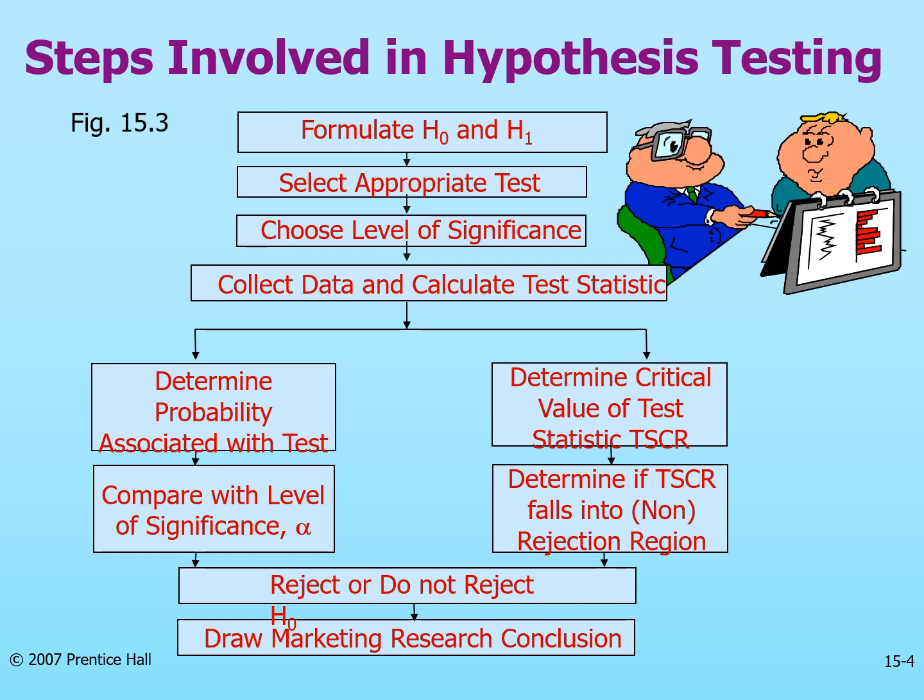So you collect the data, then determine the probability associated with the test and compare this with the level of significance alpha. That is known as the p-value. Probability value is known as the small p-value.